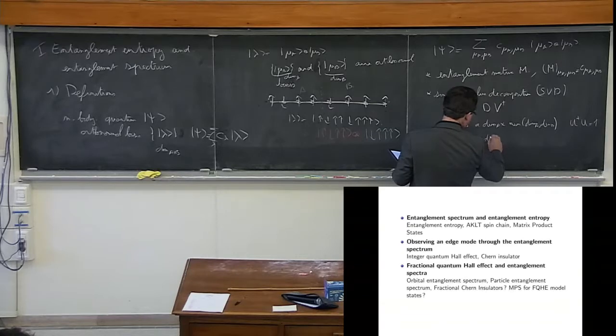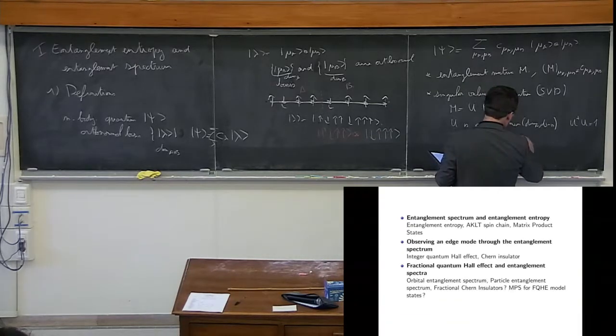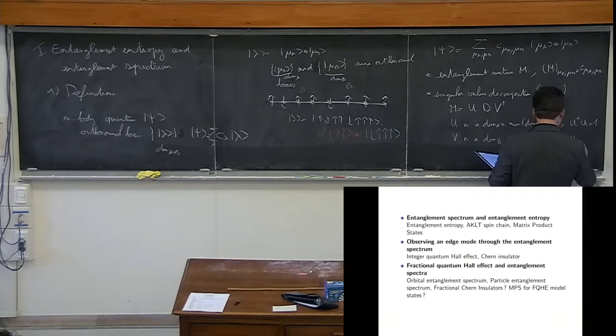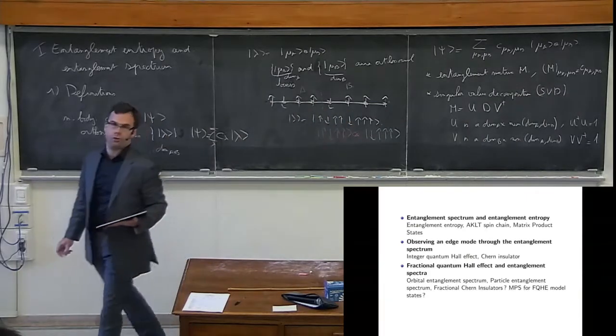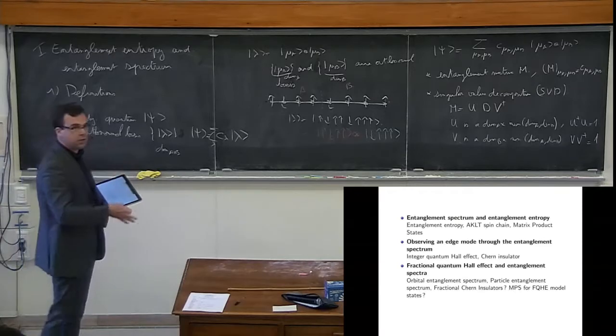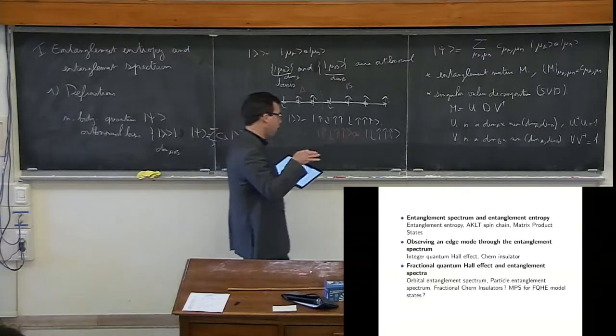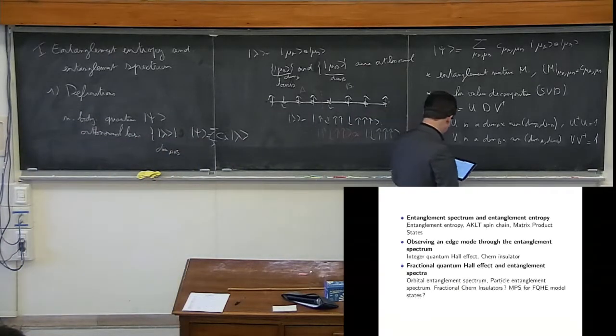V is a dimension B times, once again, min of dim A and dim B matrix, which satisfies V dagger V equal to 1. So if you look at the rows of the V matrix, they are orthonormal vectors.